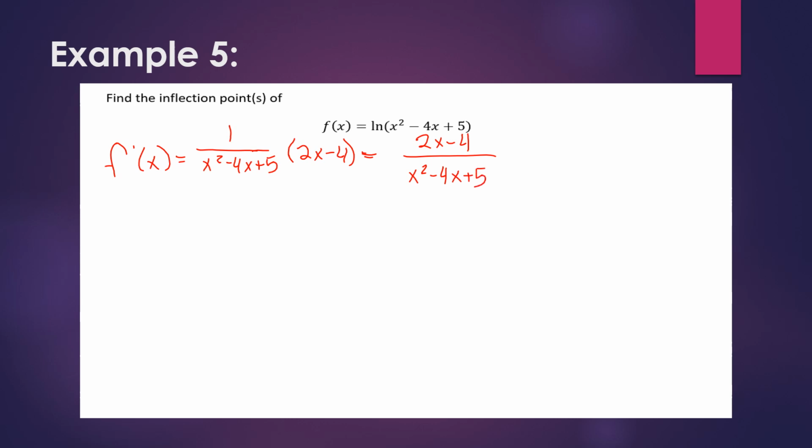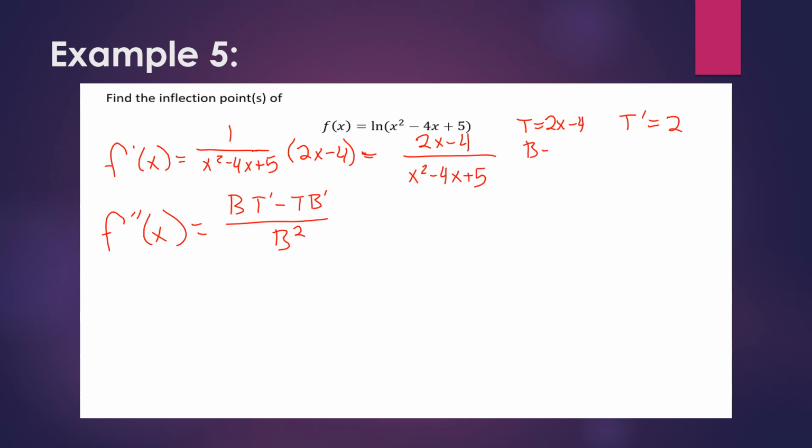So that's the first derivative, but for inflection points we need the second derivative. So f double prime, and now this is going to be a quotient rule. So remember, quotient rule is bottom times the derivative of the top minus top times the derivative of the bottom, over the bottom squared. We know that the top is 2x minus 4, so the derivative of the top is 2.